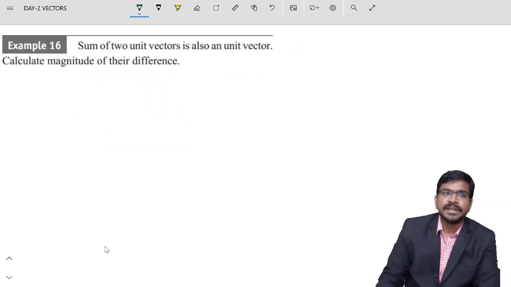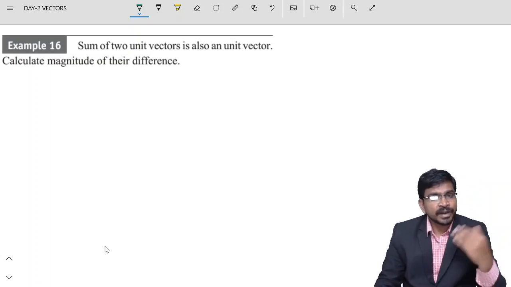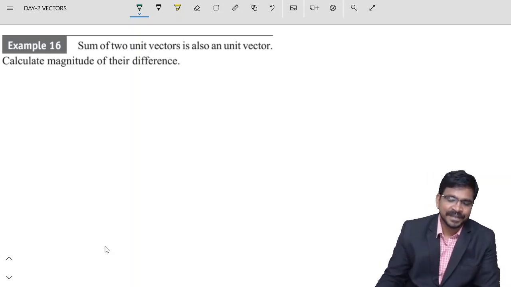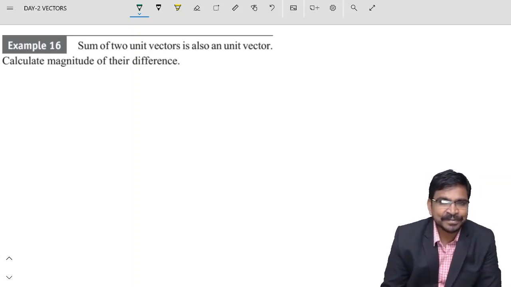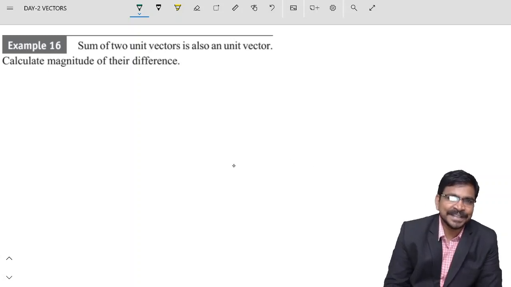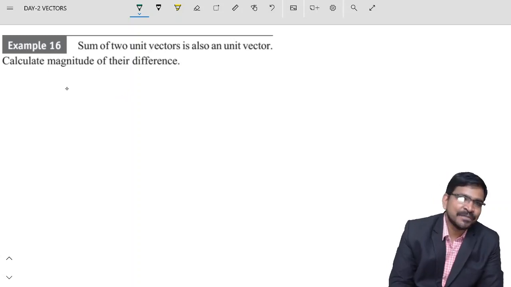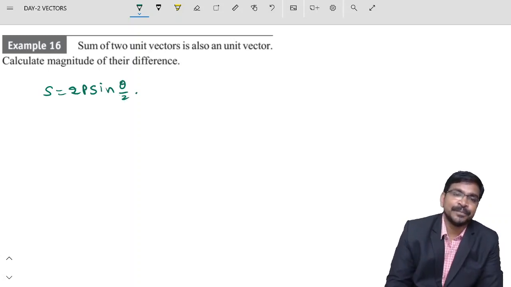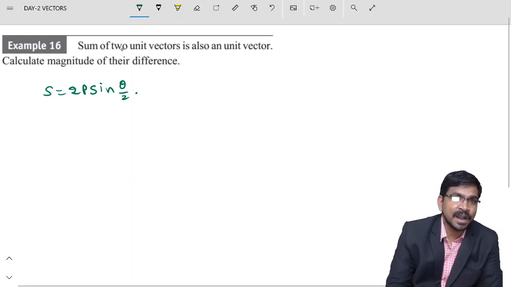And next one, the sum of two unit vectors is also a unit vector. Calculate the magnitude of their difference. See, just now we have understood in the case of two equal vectors, the magnitude S is 2p sine theta by 2. And here the given things are sum of two unit vectors.